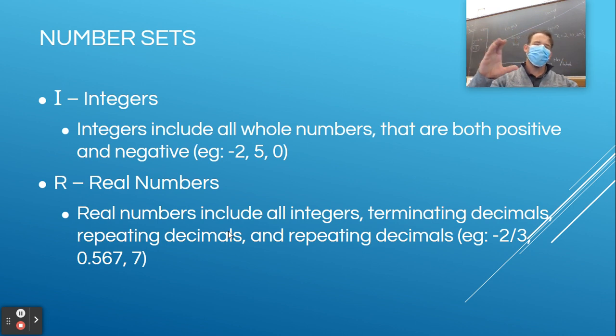But the main ones we're concerned with, you want to be able to understand what's an integer. Those are your counting numbers, including the negative numbers and including 0. Then real numbers are all the other numbers that are real, that are not imaginary. Okay? Yeah, Jackson? How do you write 7 as a fraction? You could write it as 7 over 1, 14 over 2, 21 over 3.